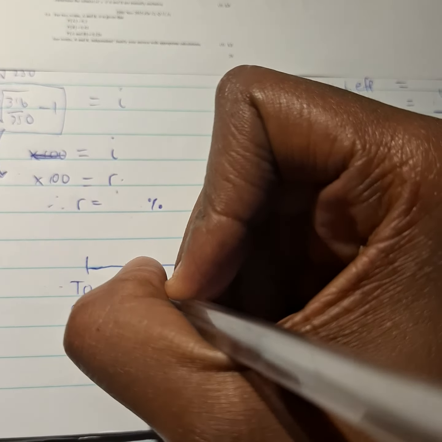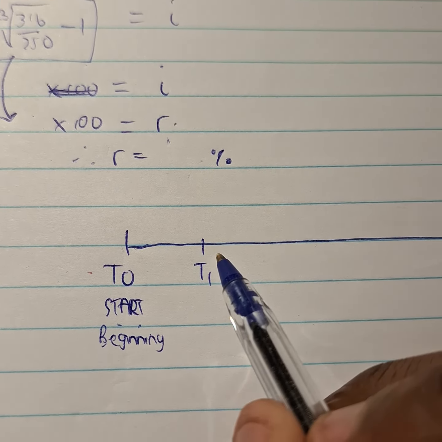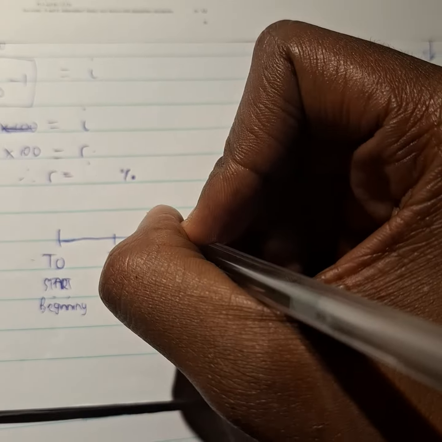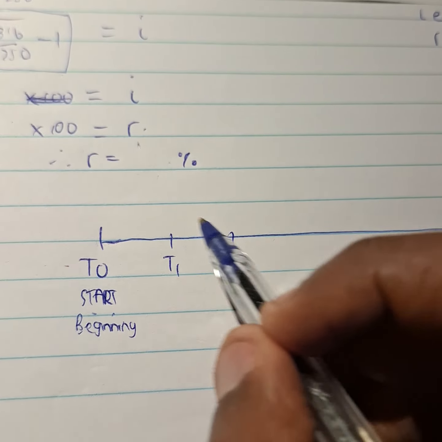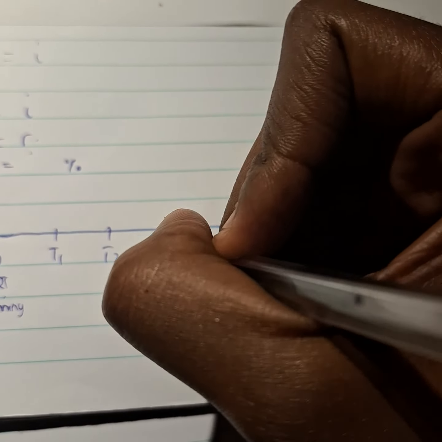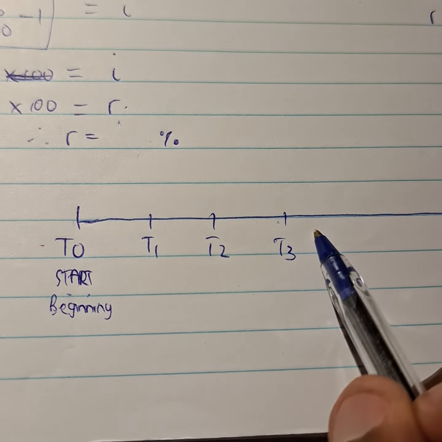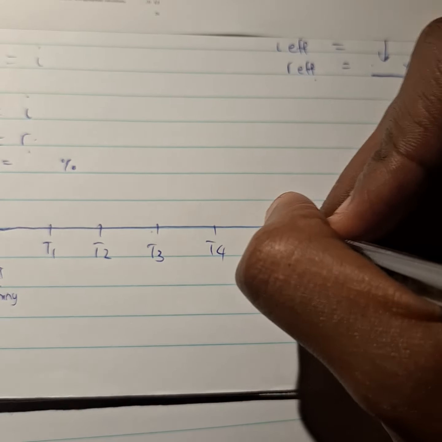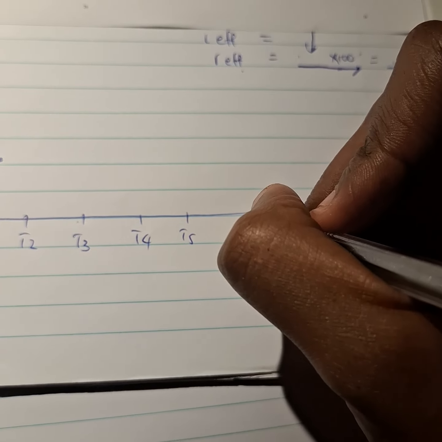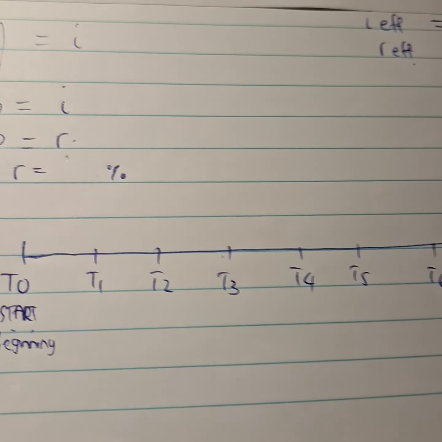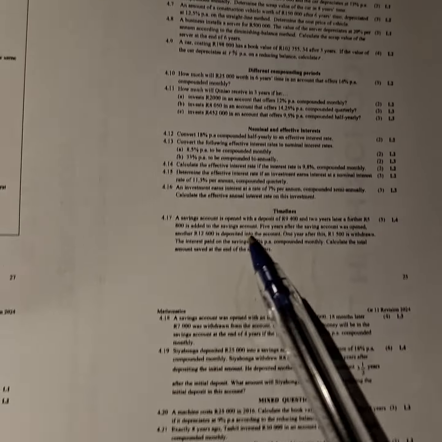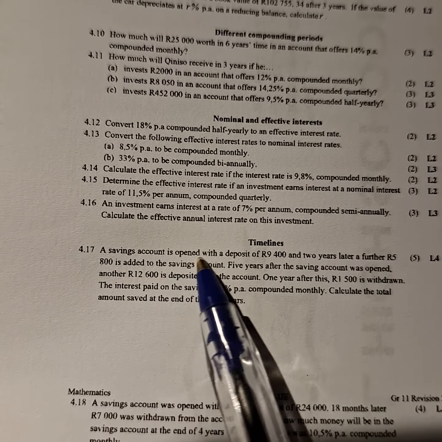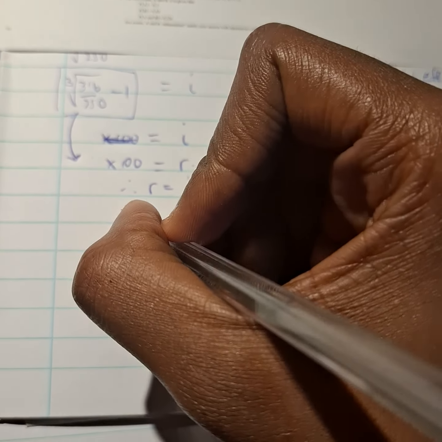The minute a year passes, this is after 1 year, T1, T2 after 2 years, T3 after 3 years from the beginning, T4 after 4 years, T5, T6, and so it goes. So let's go and just reread this again. It says the savings account is opened with a deposit of 9,400. So at the beginning, what's the amount?